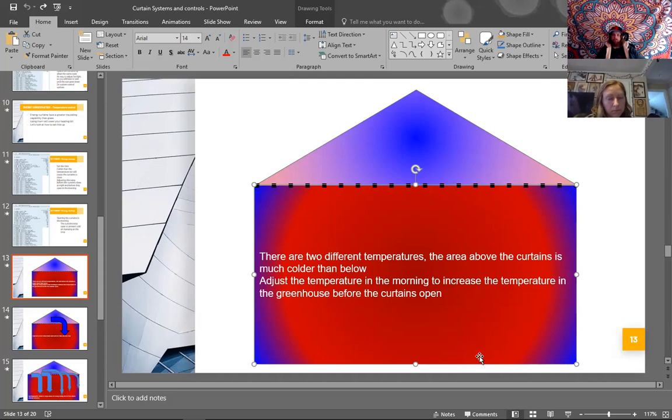So growers are still trying to keep the heat. This is where your minimum pipe temperature would come into play, if you think about the pipe temperatures and the reasons why we'd want to keep a minimum pipe temperature, because we want to keep that airflow going up as well.